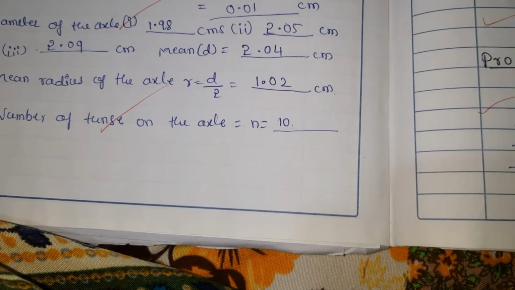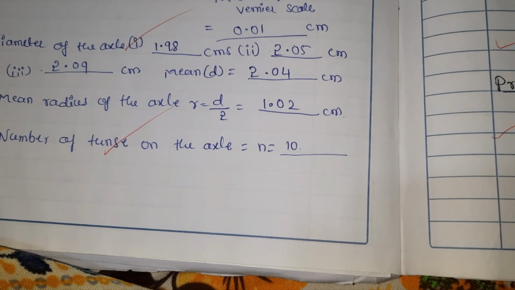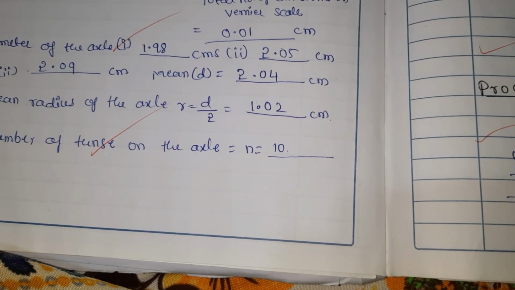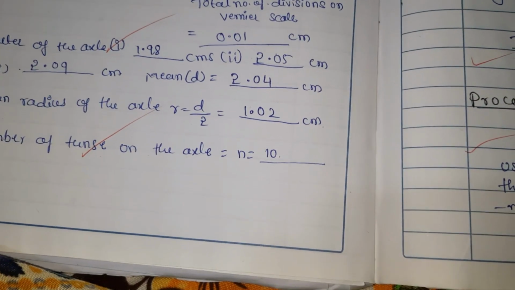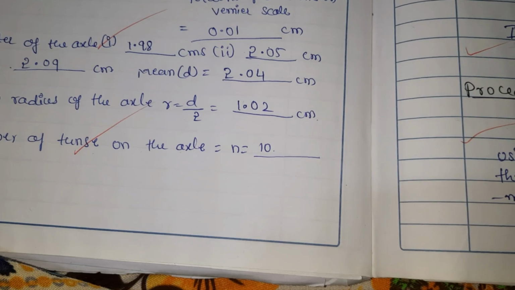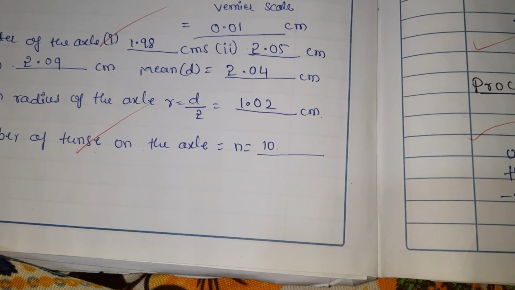So the diameter of the axle you can note down from the vernier, that you will get around 1.98 for a given flywheel. You have to take 3 trials, 3 readings, and then you have to take the average of the 3 readings.